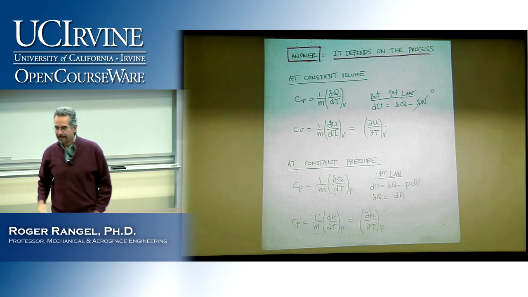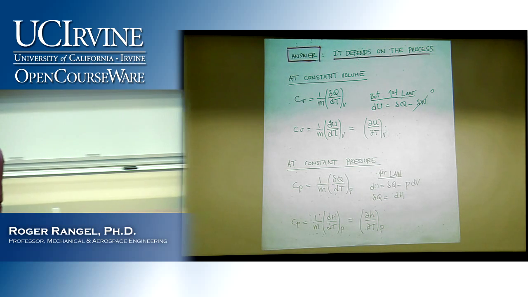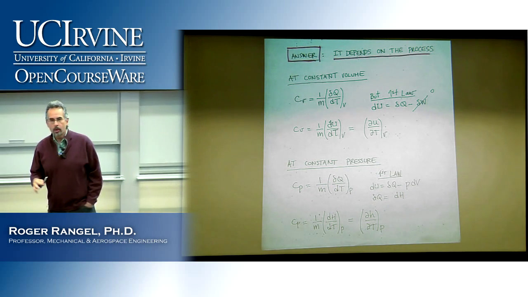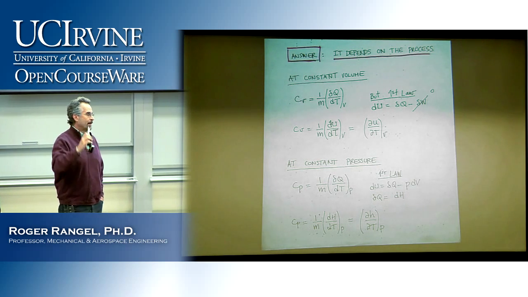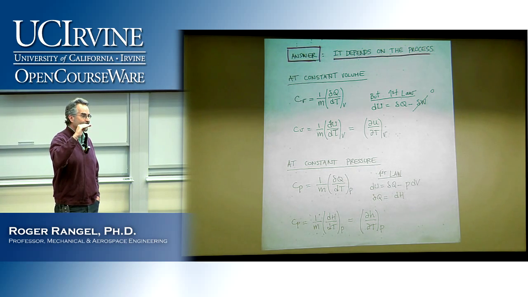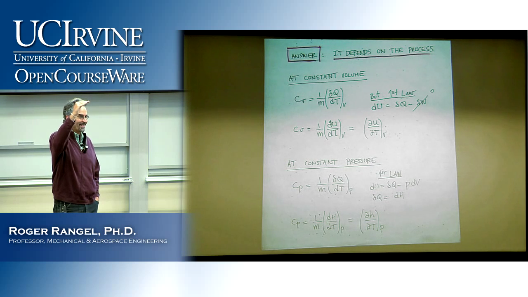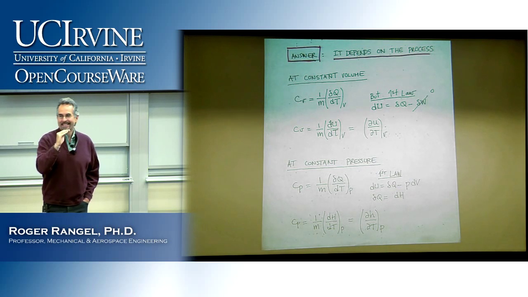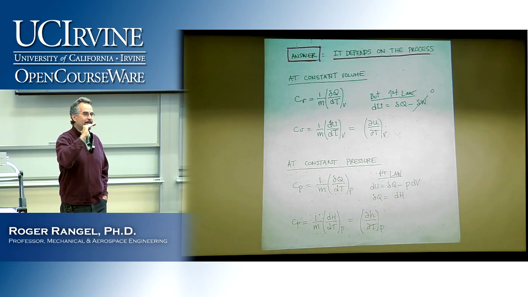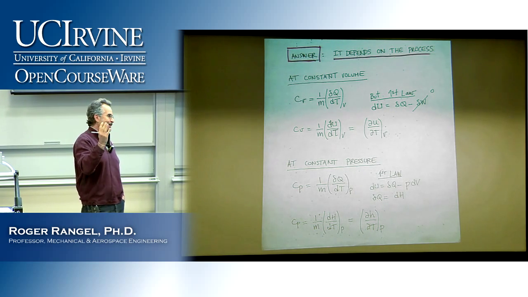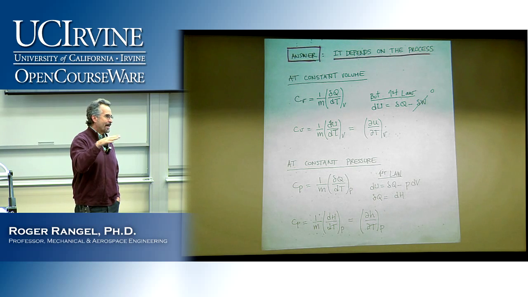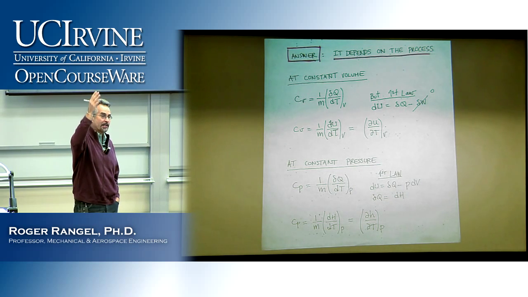Right? So the only way that there would be no work, remember, as long as there is a force and a displacement, there is work, right? If there is no pressure, there's nothing inside. We're doing an experiment with vacuum, right? So there has to be a pressure that pushes against something.